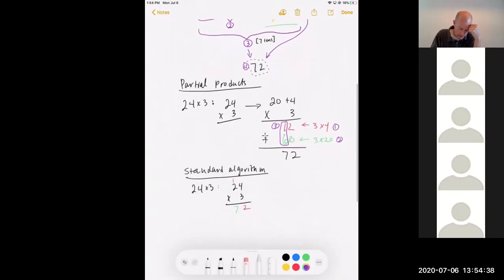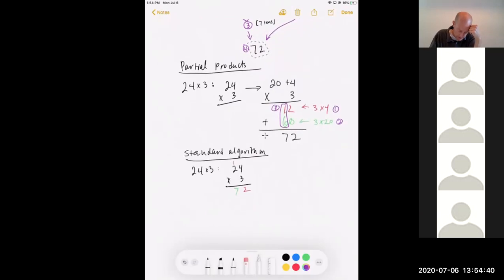All right, so in summary, the standard algorithm, we can write the steps out. So this is going to be overall steps, how we're going to connect them all.